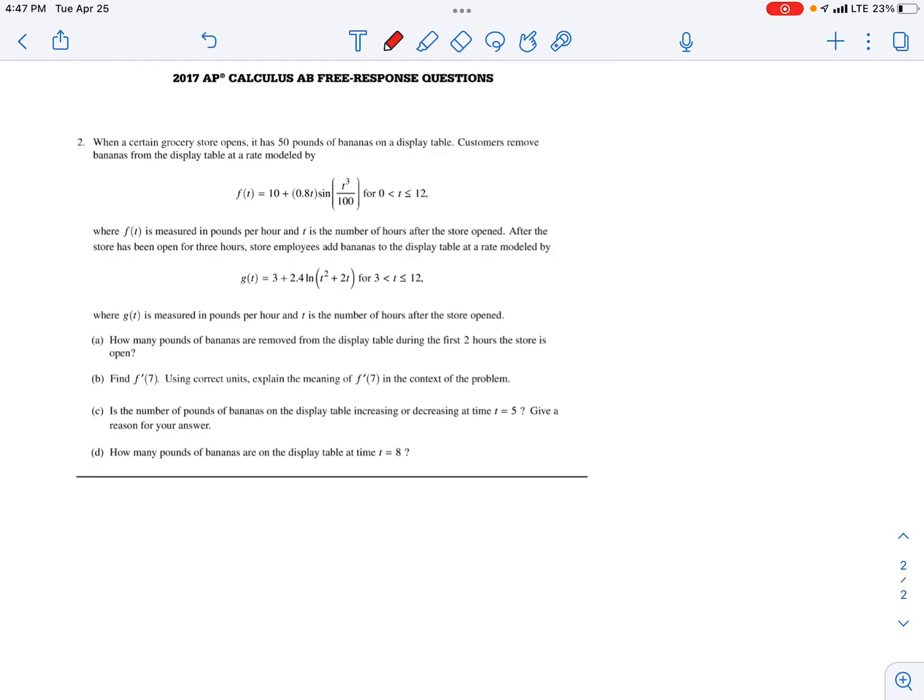And if it's positive, then it means that it should be increasing. That's because F is really a rate of change, right? F is measured in pounds per hour and G is measured in pounds per hour. So both of these are rates, right?